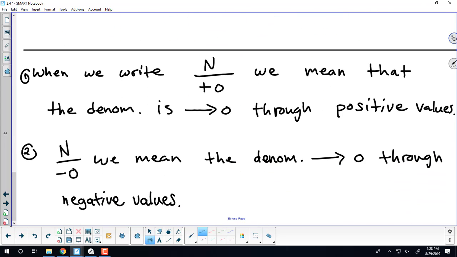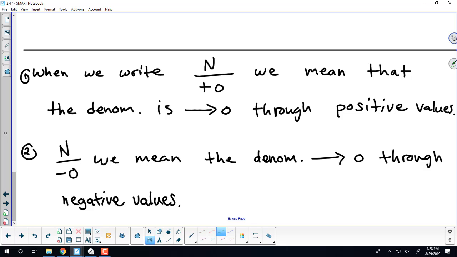I sort of skipped over this. We talked about it briefly, but whatever. I think that's page 4. Just as far as our notation, like I said, it wasn't standard, but what we mean is you can write it out too. You can say the bottom or denominator approaches 0 through positive numbers. It's just if you have to write that out a lot, it gets kind of tiresome. So when we write something like this, we just mean the denominator is approaching 0 through positive numbers.